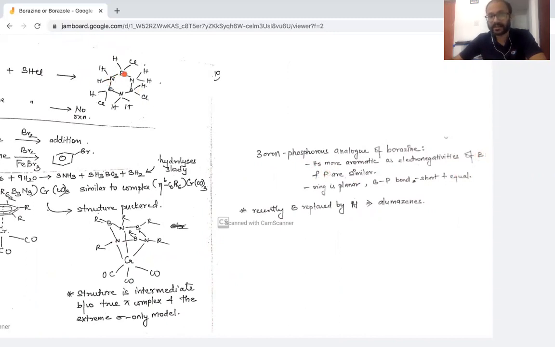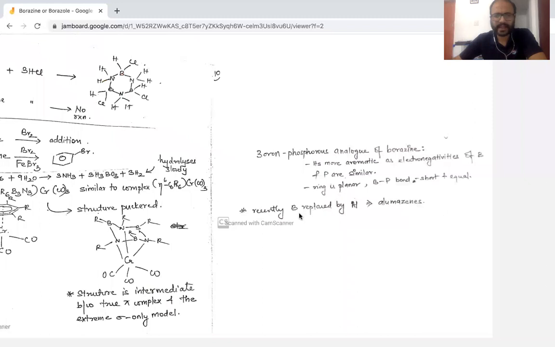That will reduce the lumpiness of the electron cloud, and therefore you are probably going to get more aromatic property. The ring is planar and the B-P bonds are shorter and equal. So compounds of boron and phosphorus are more aromatic in nature.